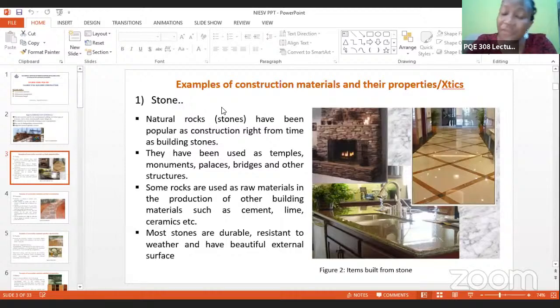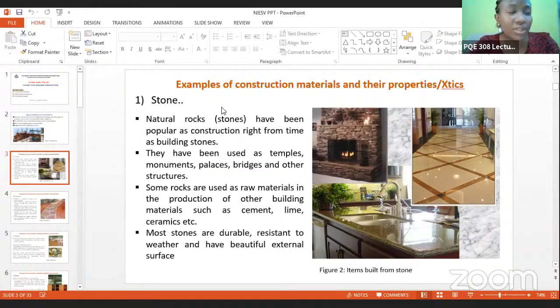Also, don't forget, because we said stones are gotten from crushed rocks, we have 3 principal classes of rocks, which I know we all know. It's just like a revision class. We have igneous rocks, examples of which are plutonic and volcanic.